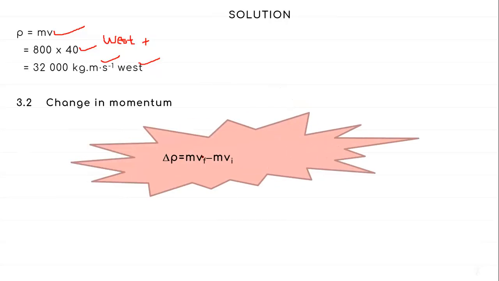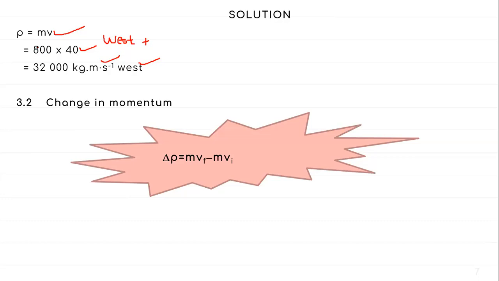Before we get to the change in momentum, let us quickly talk about the momentum. Now we can see that the momentum depends on the mass and it depends on the velocity. So if I just increase the mass of the object, then the momentum is going to increase. Why?